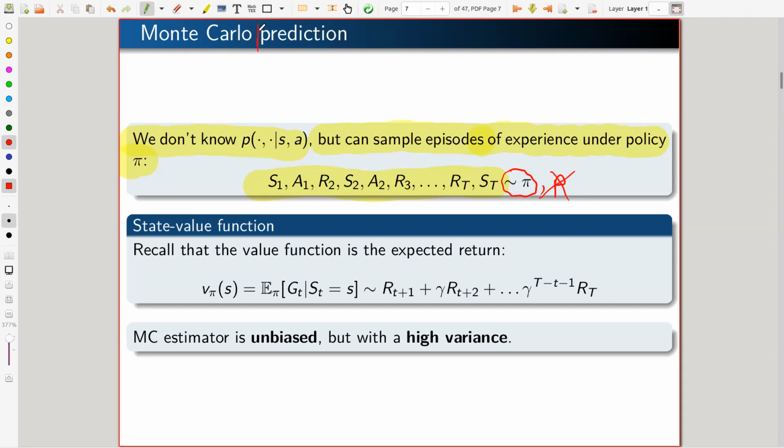Okay, please take care. Here we are in the prediction phase. So I have just a policy and I need to estimate the value of the state, which is by definition this expected value. So I can use this sample as an estimator of the expected value.